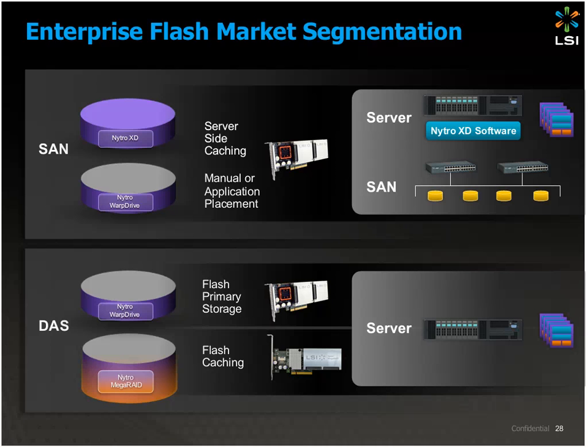It just looks at frequently accessed data, places that data in flash if it's in the form of XD. If it's frequently accessed read data, we move that into flash. We allow write data to be write through. And in the Nytro Megarate side, we cache both write and read data, and we manage all of the coherency with the hard disk drives ourselves.